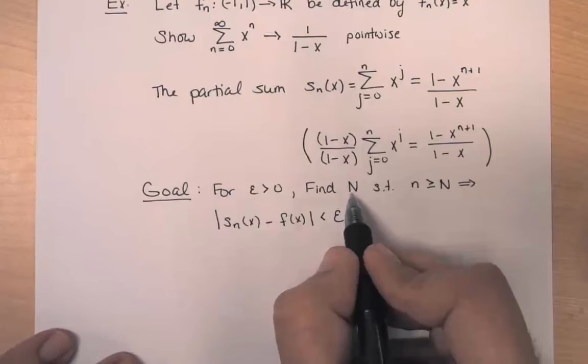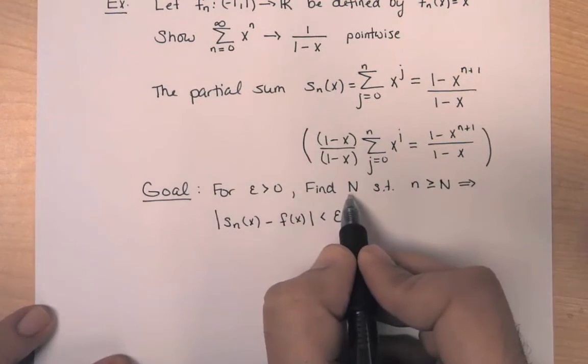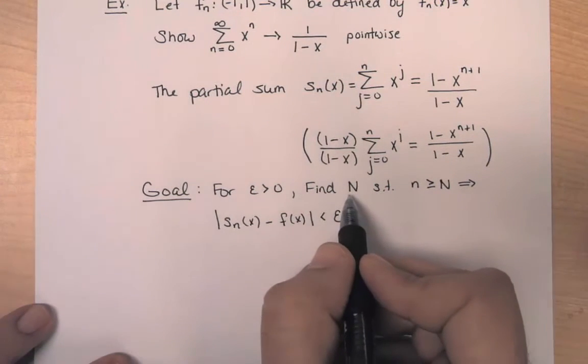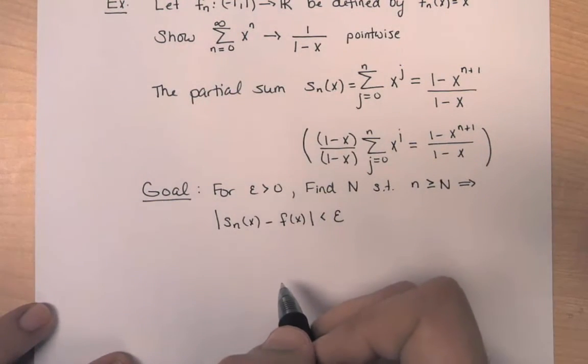So my goal is to find this n that guarantees this result, right? So I have to be on the hunt for this n. That's my goal. Because I'm going to prove that my convergence is pointwise, it's likely that my n is going to depend both on epsilon and on x.